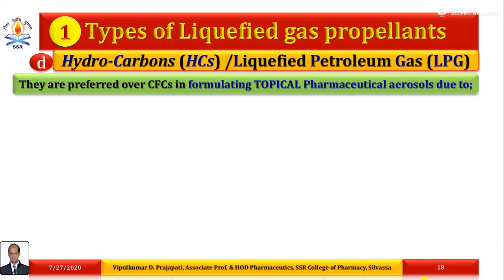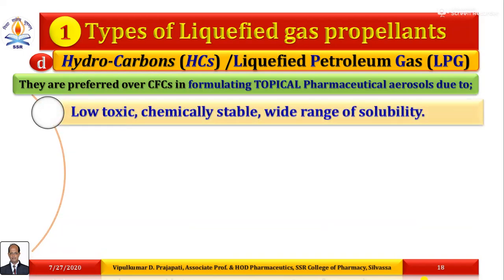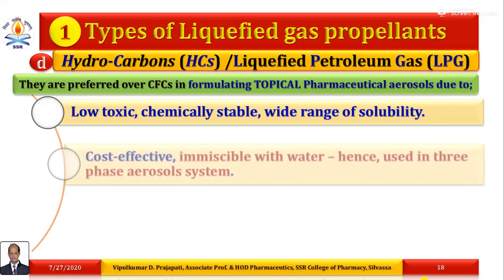They are preferred over chlorofluorocarbons in formulating topical pharmaceutical aerosols for a number of reasons. What are the reasons? First, they are low toxic, chemically stable, with a wide range of solubility.